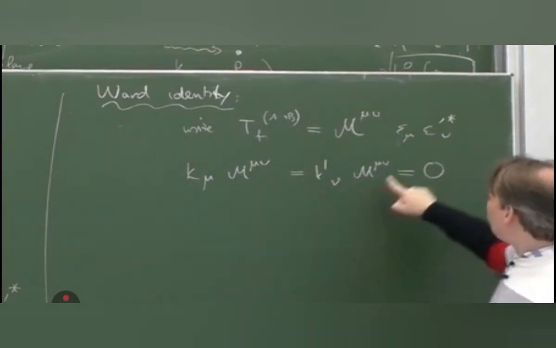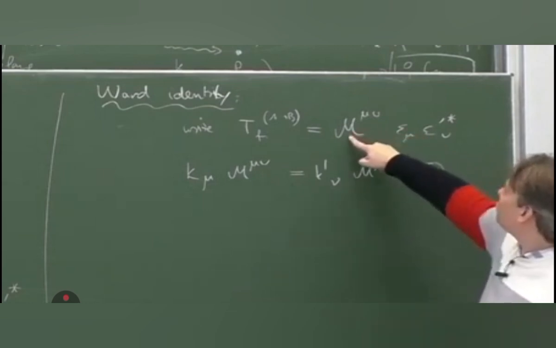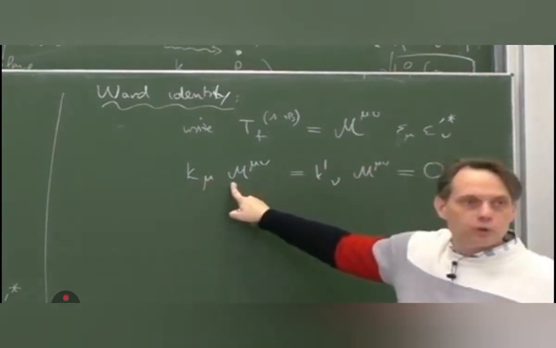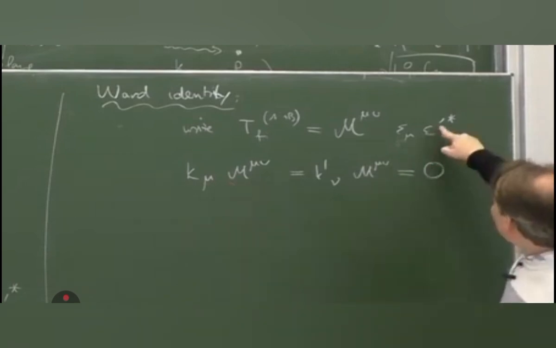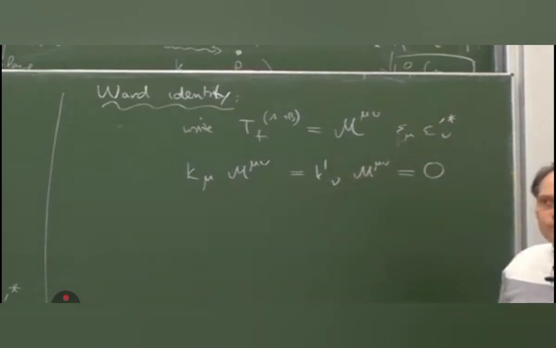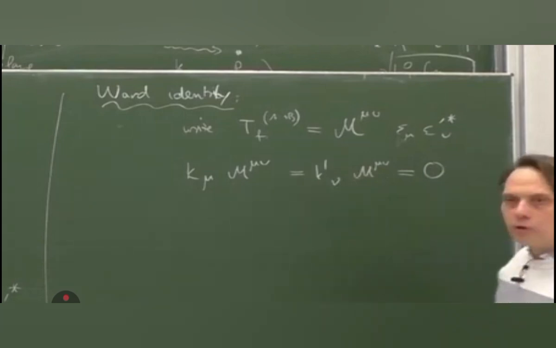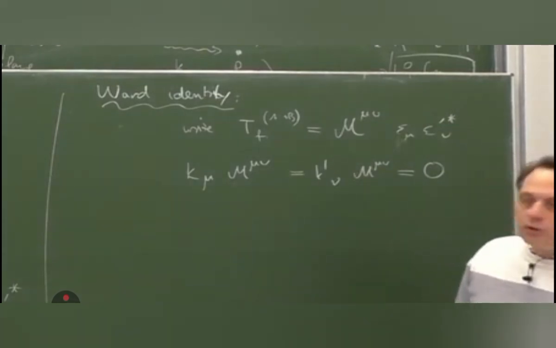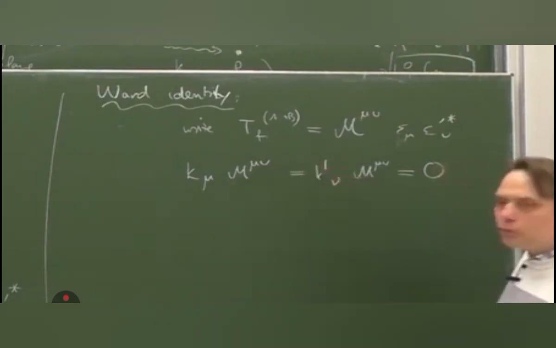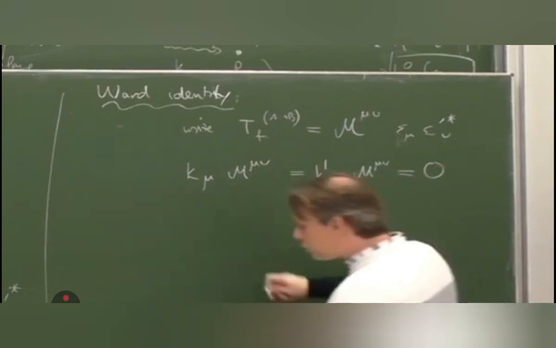So here epsilon is multiplied normally with M mu nu. We replace epsilon by k, and then we get 0. And here we replace epsilon prime nu by k prime nu, and we also get 0. So this is a so-called Ward identity. There are many such identities, and they all collectively are called Ward identities, and this is one example of such a Ward identity.